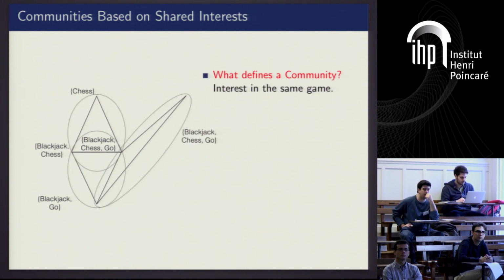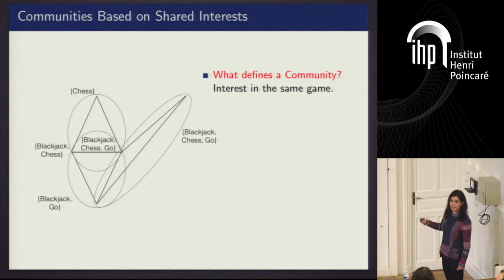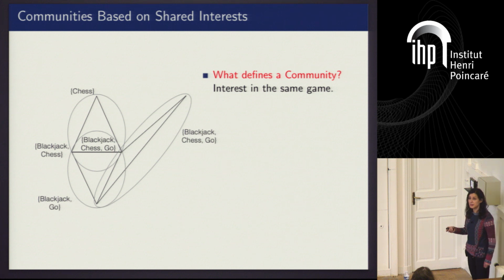So how does a community structure arise now? It's pretty straightforward to think of every game as giving rise to one community. So for example, all those guys that play blackjack belong to this community, and those guys that play chess belong to this community. And sorry, this one here was supposed to be the Go community. What is interesting is the communities are intersecting, because people can play 2 different games or even 3 different games.